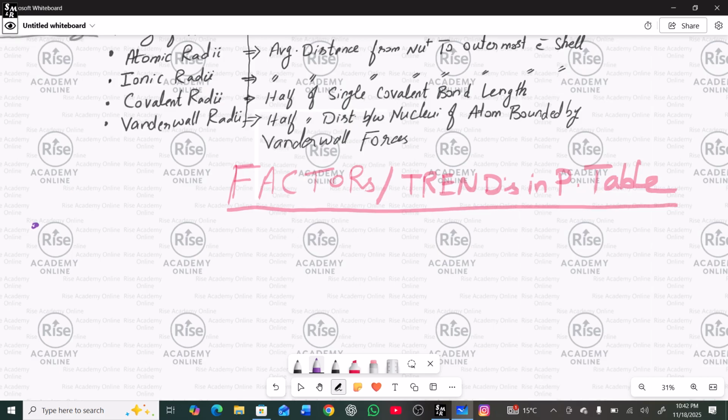The very first factor affecting atomic radii, ionic radii, covalent radii is nuclear charge. And nuclear charge is actually the number of protons. It may also be named as atomic number. Coming towards the second factor, it is the number of shells.